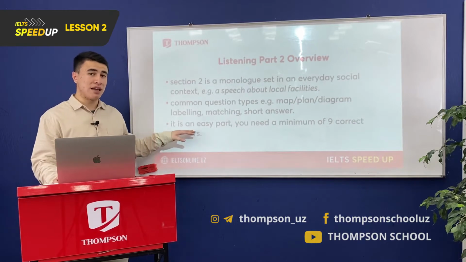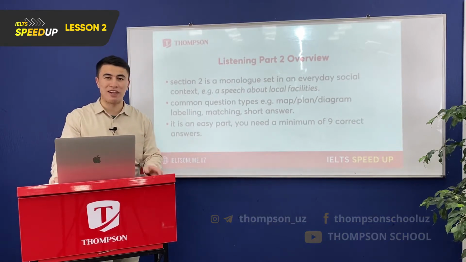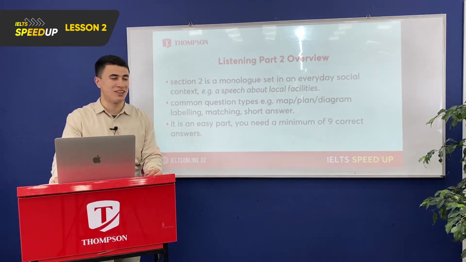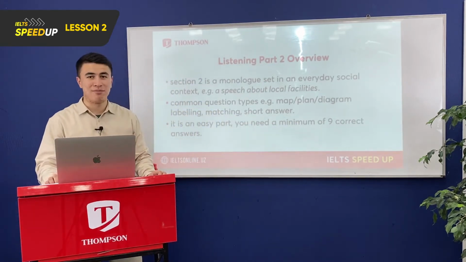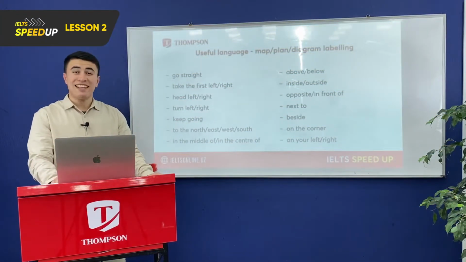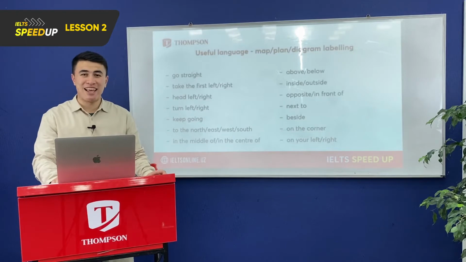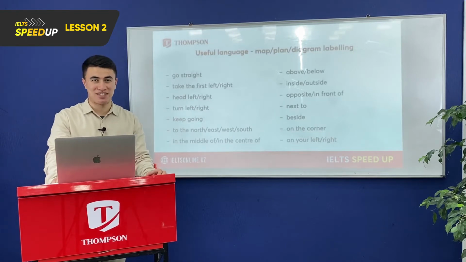It's an easy part as well as part number 1 in your IELTS listening. So number of correct answers is minimum 9. So let's focus on map, plan and diagram labeling question types.